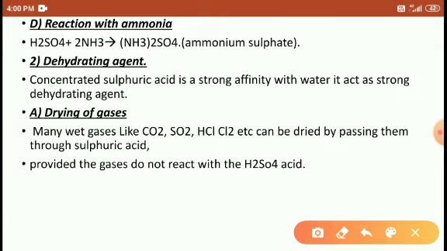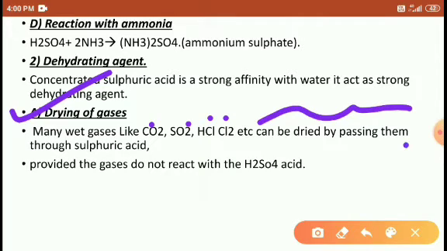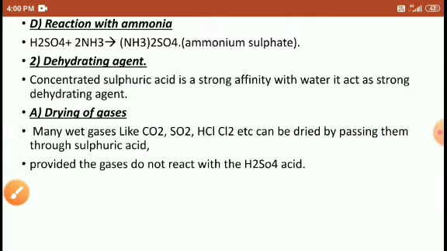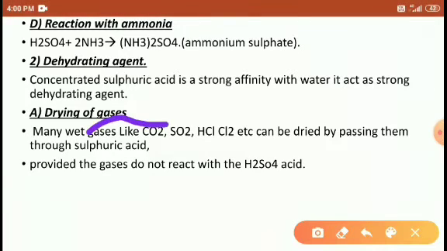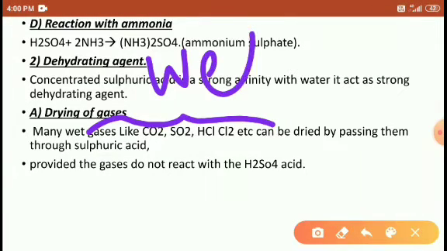For the dehydrating agent, the first process is drying gases. Many wet gases like carbon dioxide, sulfur dioxide, HCl, Cl2, etc. can be dried by passing them through sulfuric acid. Many reactions involve these gases in a very wet form.